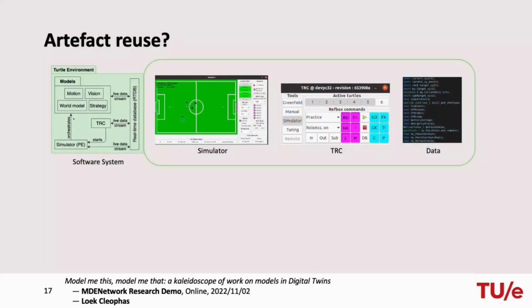But summarizing a bit, how about artifact reuse? Well, we were able to reuse quite a bit from the existing environment: the simulator and/or physical robots, the turtle remote control as a basic set of services, as well as the data being produced by the actual system.